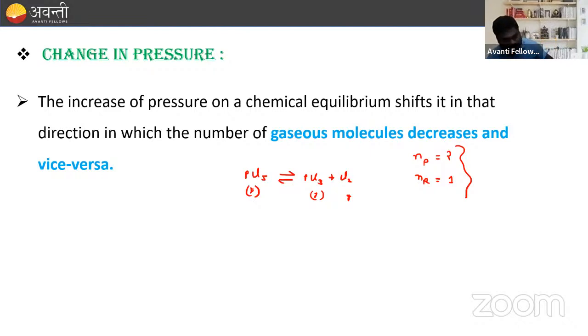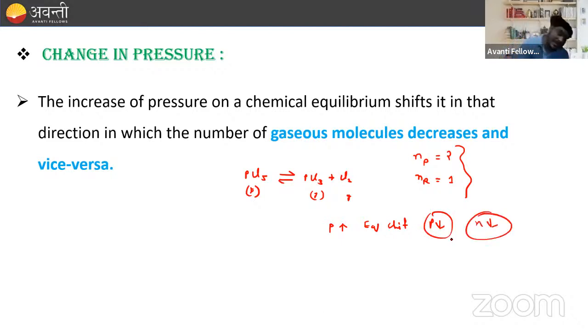When you increase the pressure, the equilibrium shifts in the direction where it wants to decrease the pressure, that is, the side which has the lower number of moles. So if you want to increase the pressure, the equilibrium will shift in the direction where pressure is low, where the number of moles is low.